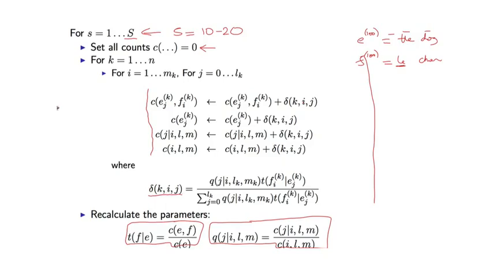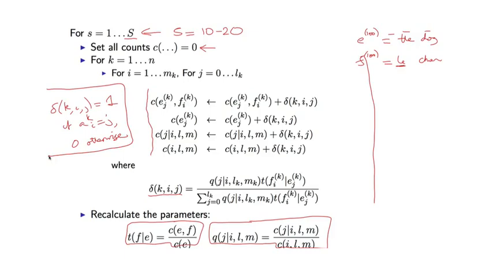Remember that before, we had delta_k,i,j equal to 1 if a_k,i equals j, 0 otherwise. So in the very lucky scenario where we have alignments, we can fill in these deltas as either 1 or 0 depending on whether the alignment is in our training data or not.